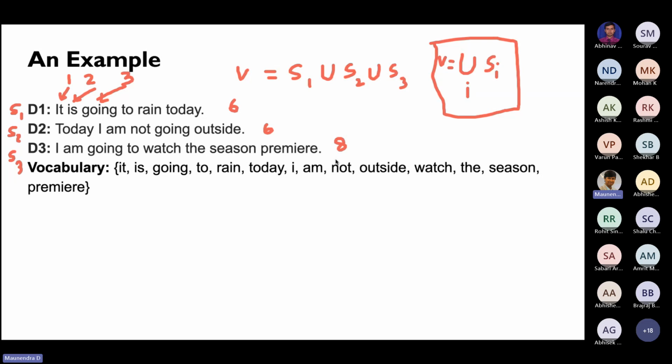If it is present, you don't have to add a new word. If it is not present, you add it. So like that, your vocabulary will keep expanding. Now, there are many other statistical properties of this vocabulary that people came up with, like what is the distribution of words in the vocabulary?